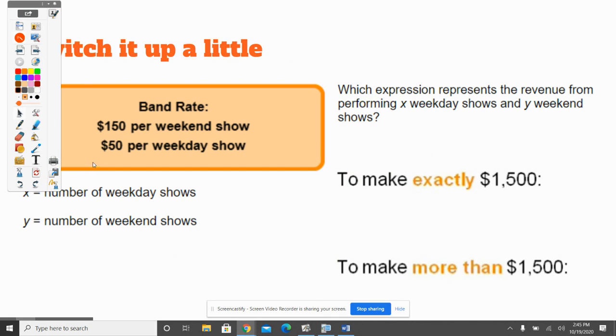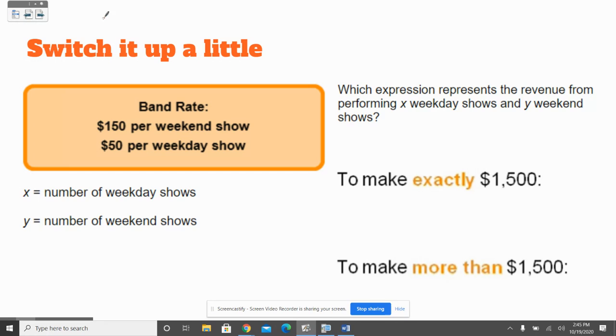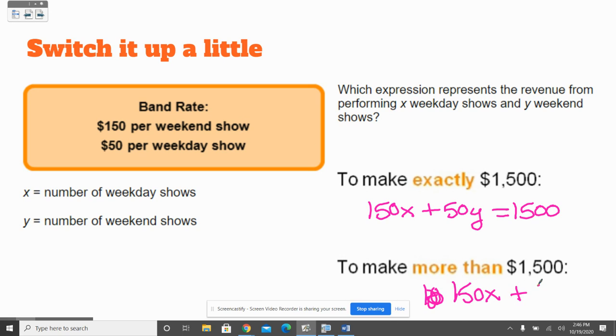So what would we do here? Well, if they wanted to make exactly 1,500, you would have 150x plus 50y equals 1,500. If you want to make more than that, we have 150x plus 50y is greater than 1,500.